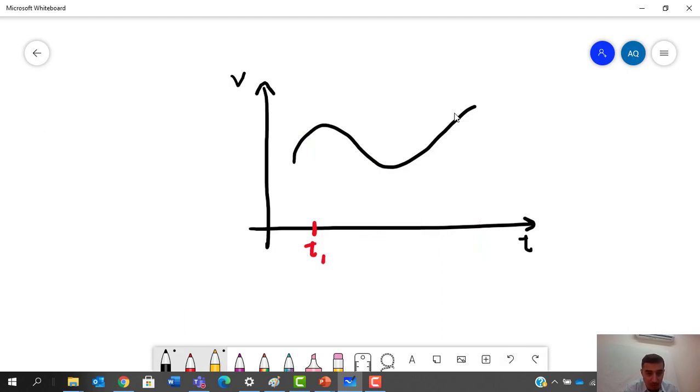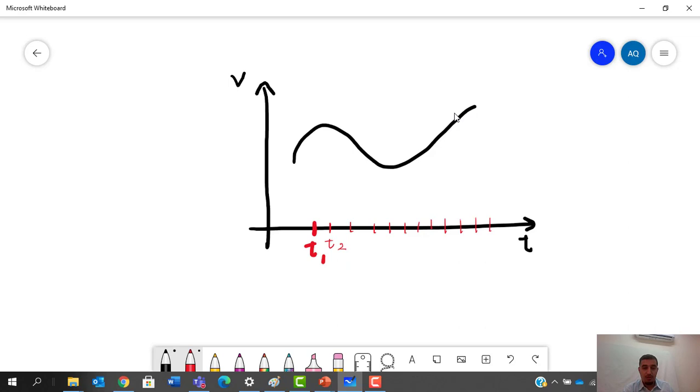Now I'm going to create T1, T2, T3, T4, T5, T6, T7, T8, T9, T10, T11, T12, and so on.